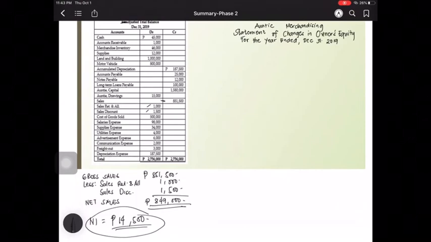All right. So I hope you could still remember the format on how to prepare your statement of changes in owner's equity. We have here to identify first the amount of your capital beginning. So the question here again is, where do we get the amount or the value for our capital beginning?